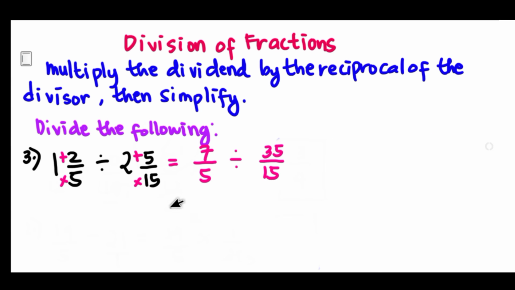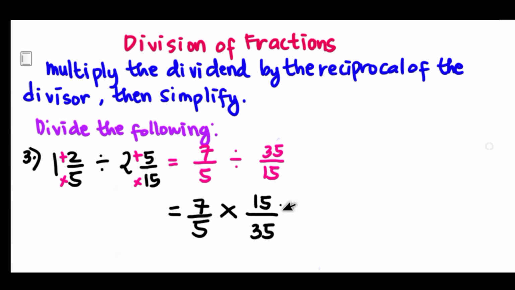And then, kopyahin natin si dividend na 7 over 5. Si division magiging multiplication. And then, yung divisor is, kukunin natin yung reciprocal niya. So, babalik rin natin. Si 15 magiging numerator at si 35 magiging denominator.